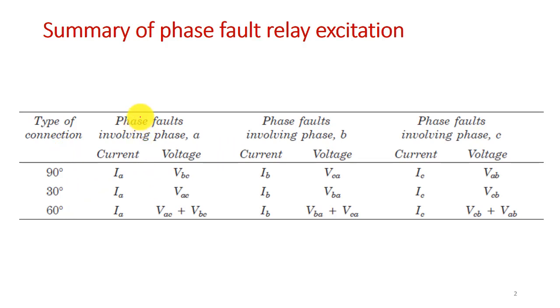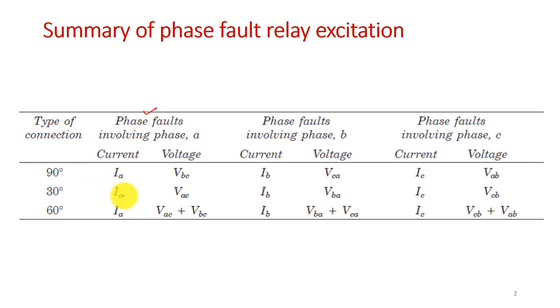First, the phase fault involving phase A. The current fed to the relay is IA, that is the phase A current, and the voltage is VBC. So we call this the 90-degree connection.